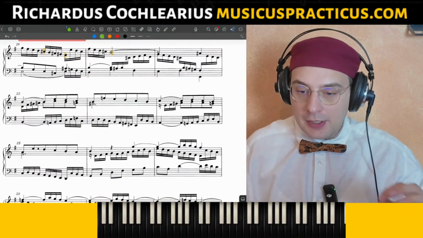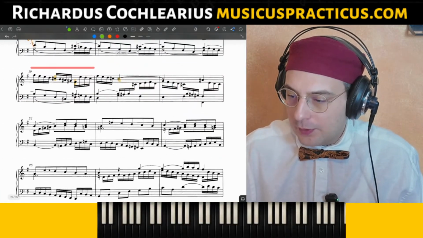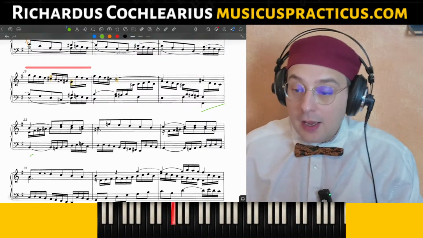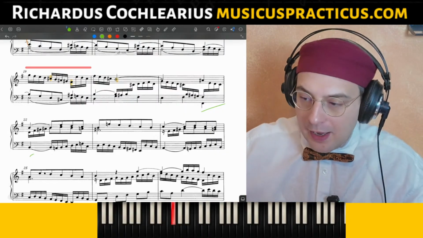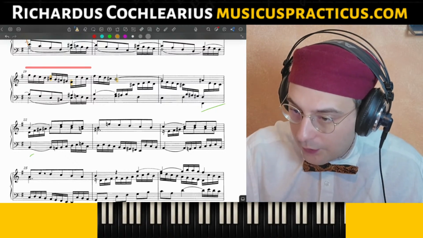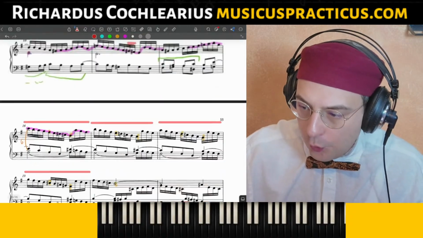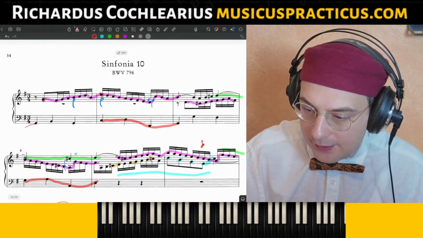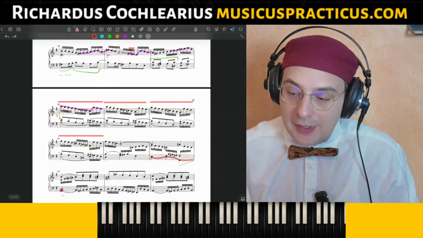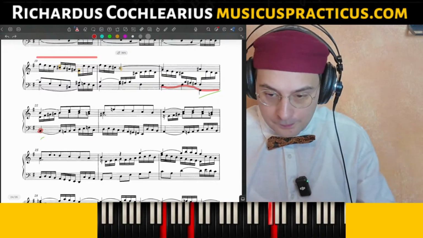And finally, the cadence. Here, for the first time, we have a strong cadence because we have 5, 1, and fa, la, sol, la, re, fa, la, sol, la, re, which takes the bass of the beginning. So it seems that the very strong cadence is arriving at that point.